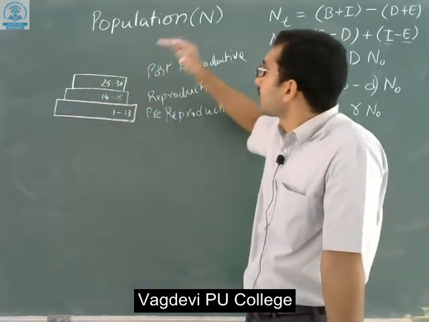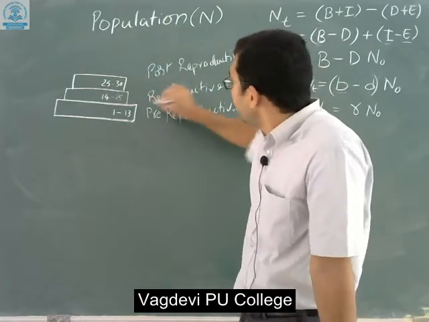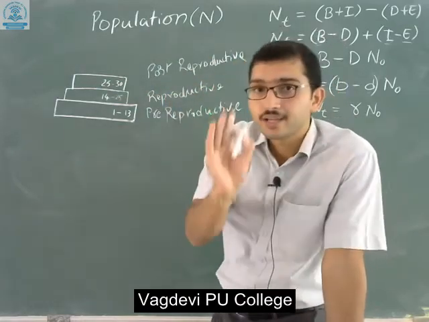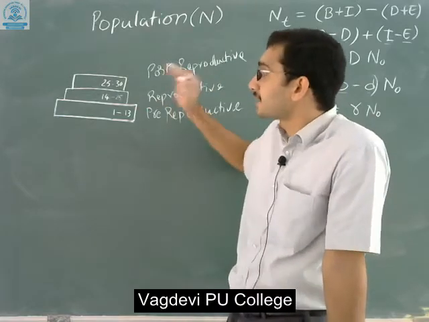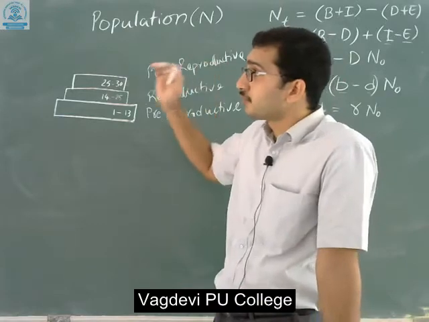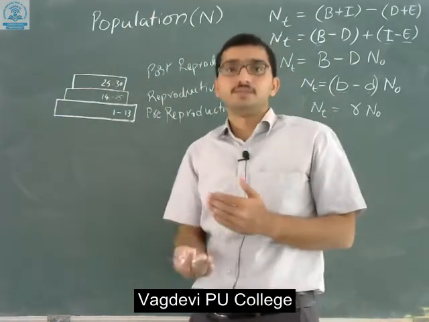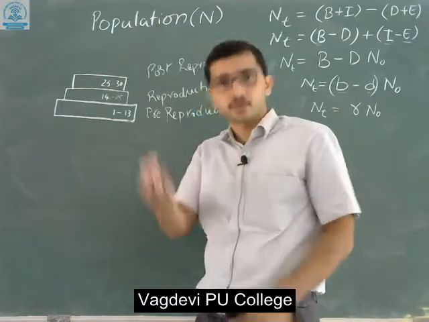In the second block you observe the reproductive individuals, those greater than 14 years of age, who are matured and can take part in reproduction.